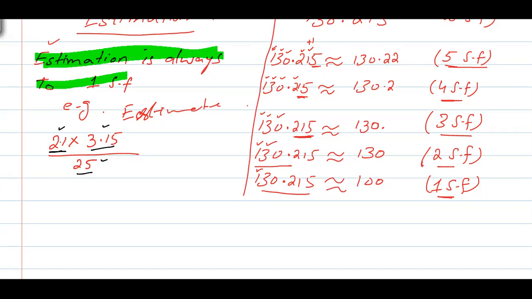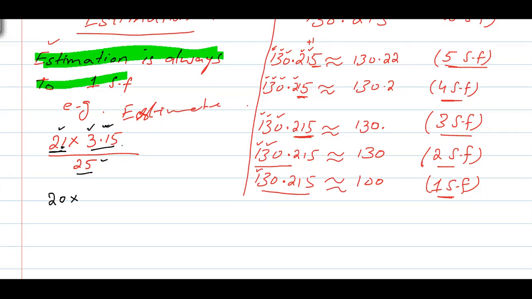Now this is 21. I have to round it to one significant figure. So it will become 2, because this is the second significant. But look, there's a huge difference between 21 and 2, so the remaining digit of the whole part I will make 0. It will round to one significant figure. Into the next one, I also have to round this to one significant figure.